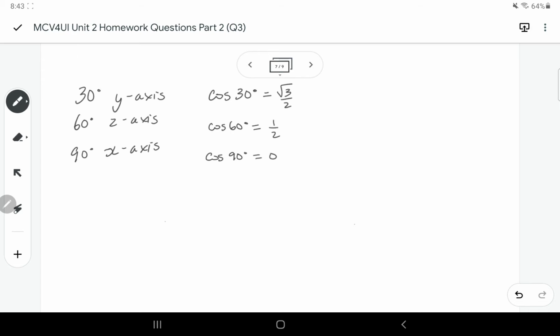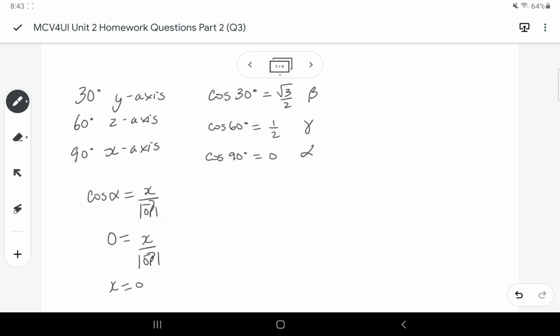So remembering the formulas from before, I know that cos alpha is x over the magnitude of OP. So cos alpha is x over OP. So 0 is equal to x over the magnitude of OP. So x would have to equal 0. I know I'm going to have my x component equal to 0.